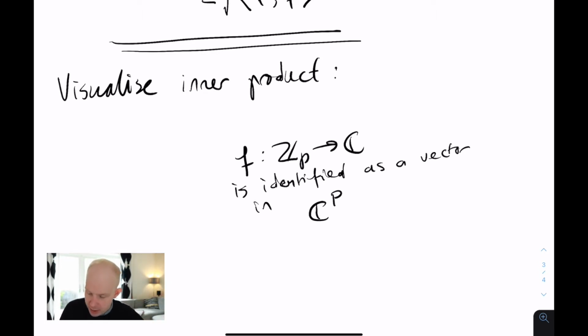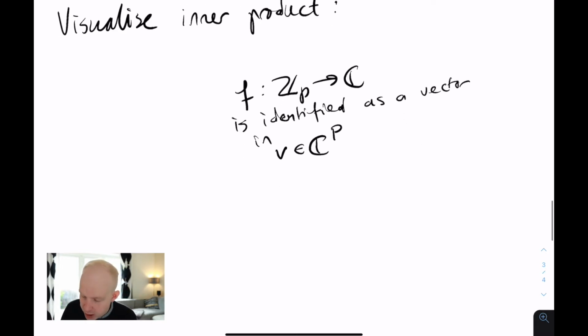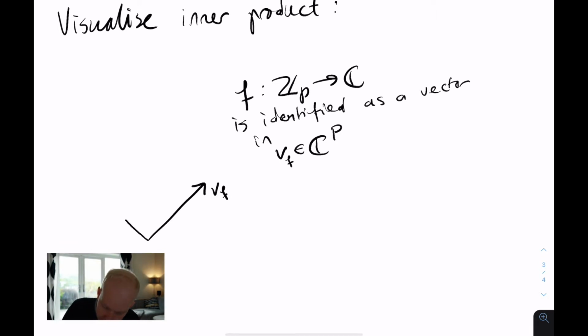So you can think about f as a vector V_f in C^p. Then the inner product is just the typical inner product in C^p. If this is your vector in C^p, it has a certain angle. Then for another function, corresponding to some other vector V_g in C^p, you could talk about whether they are orthogonal.